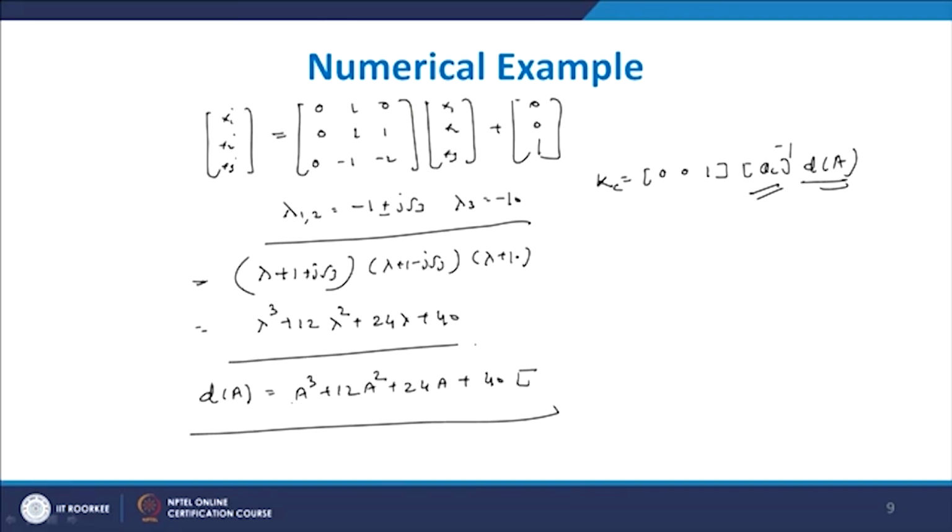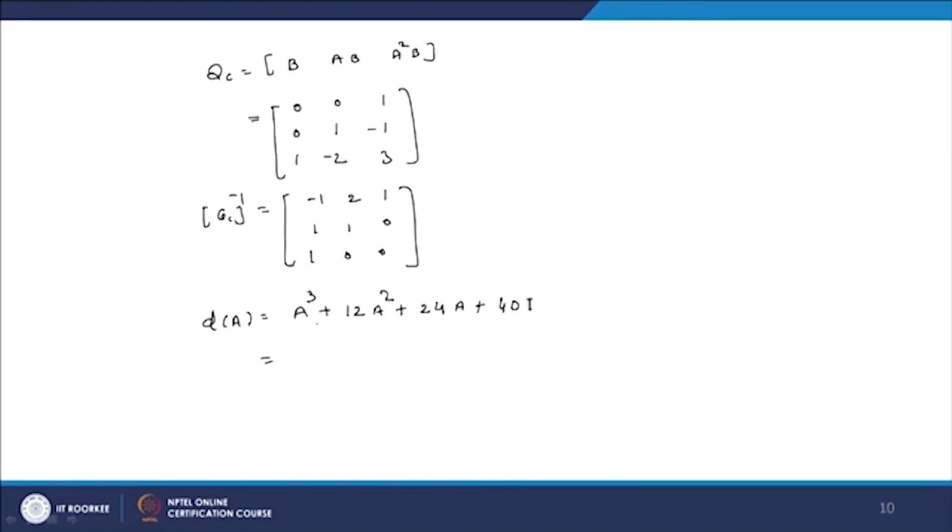So we try with the A matrix, A square, A and so on. Here we find A cube plus 12A square plus 24A plus 40. If you solve it by replacing the values of A in this equation, after solving we come across the result 40 36 11, 0 65 14, 0 minus 14 23.